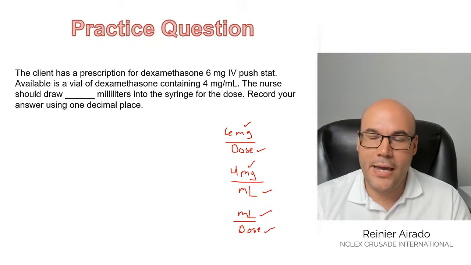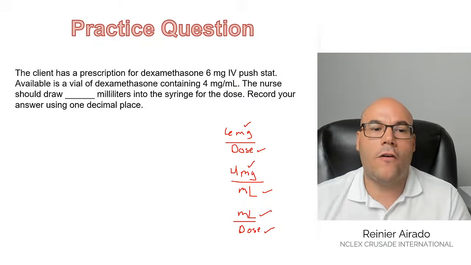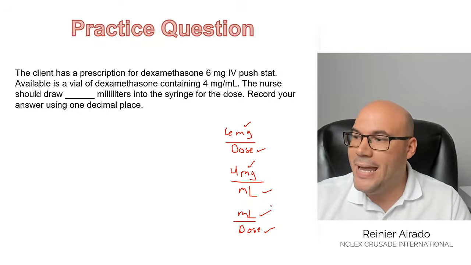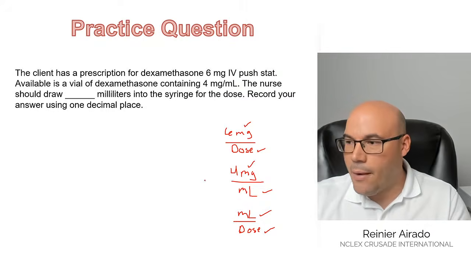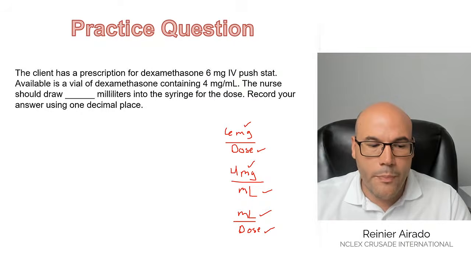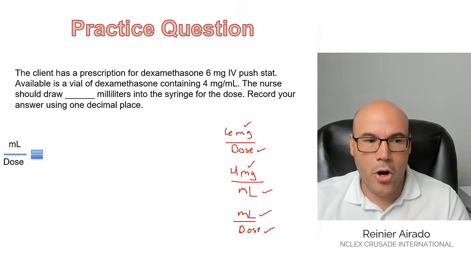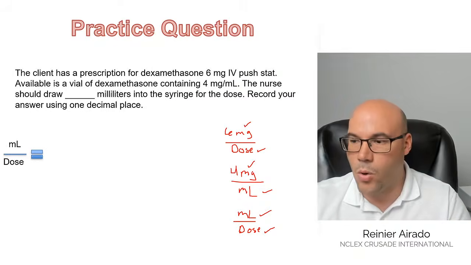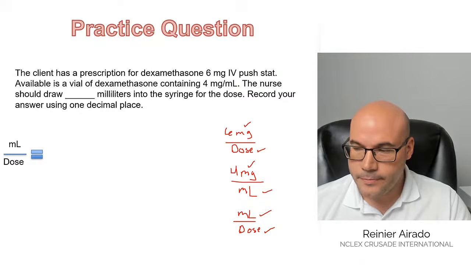So how do you begin your equation? How do you begin to solve the problem? You begin with the question. The question is how many milliliters you will administer per dose. So you will begin with the question, milliliters per dose equals. So that is how you begin.